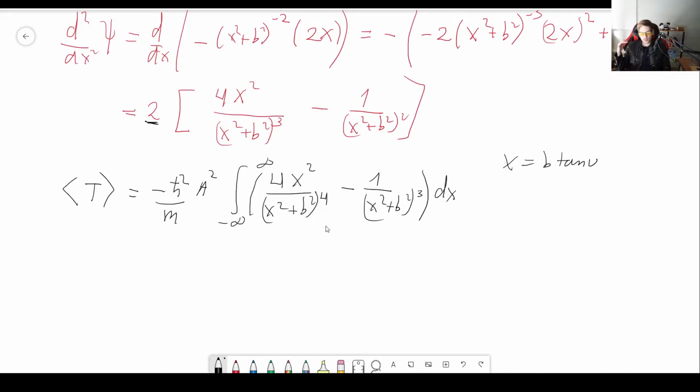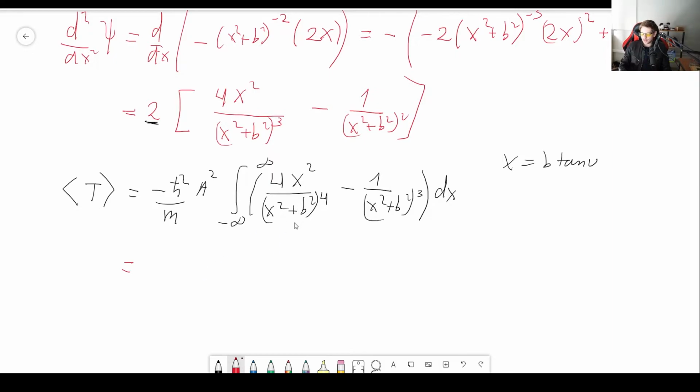And you just plug it in, and then you're going to be left with some power of cosine, and you're going to have to apply trigonometric identities to reduce it until you get only cosines and sines, and then you can integrate it easily. But I think it's a little bit easier if we don't have this x squared up here. Again, it's not like a huge deal. If you don't think of doing this, it doesn't matter. You're going to get to it anyway. But I personally like to do it like this.